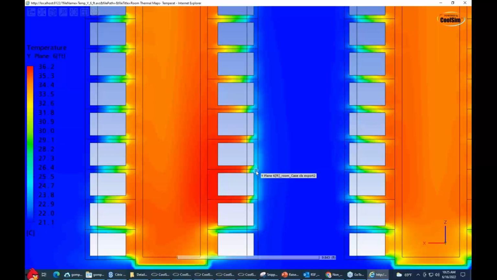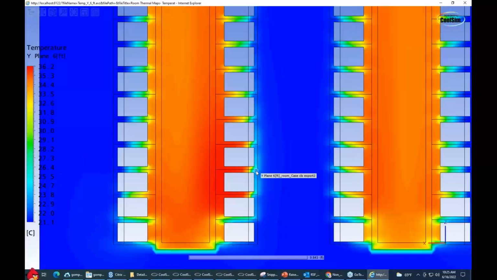And even though I'm still in compliance, this could be an issue and will be an issue as I tend to increase the load in the room. Right now I'm operating with the racks at 8 kW. So each one of these racks is 8, which isn't a big number right now. These numbers are getting larger and larger. So 8 is not that big.